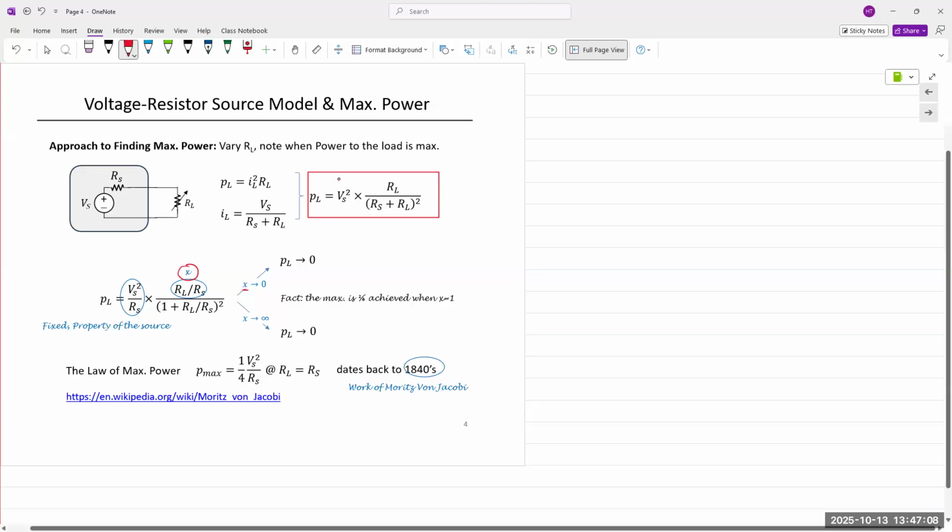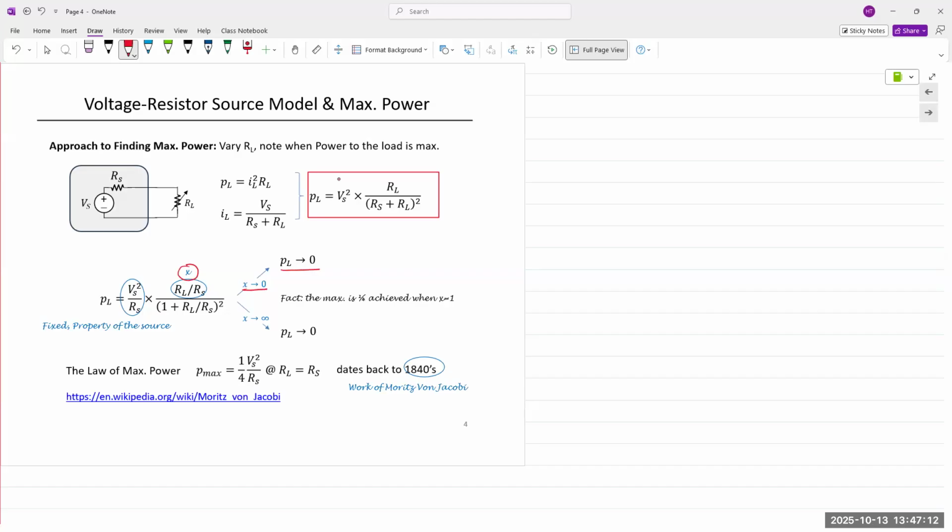So if we said X is equal to 0, power turns out to be 0. If we said X is equal to infinity, power again turns out to be 0. So that means maximum power, or the power that appears in the load, is somewhere in between. It's not at 0, not at infinity.